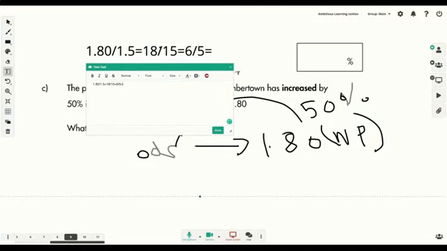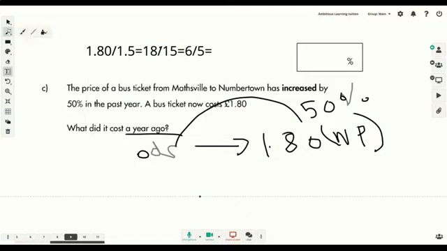Another way of writing it as a mixed fraction is 1 1/5, or you could say 1.2.